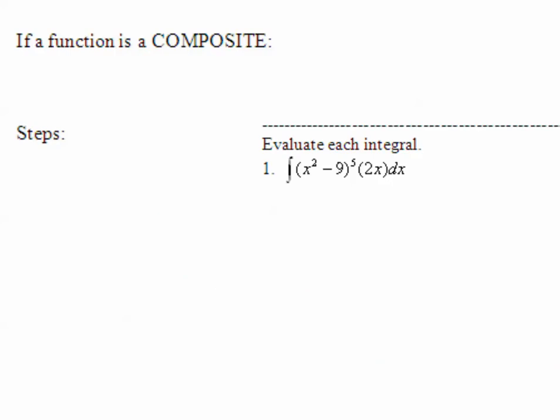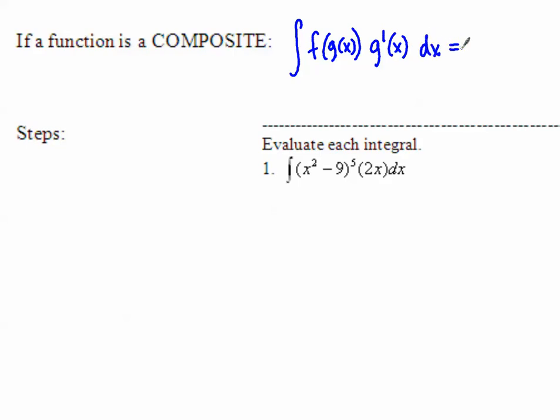So back to your notes. How are we doing the antiderivative of a composite function? This is what you need to see. The antiderivative, or the integral, of f of g of x has to have the derivative of g of x multiplied to it. The derivative of the inside has to be multiplied, with respect to x.